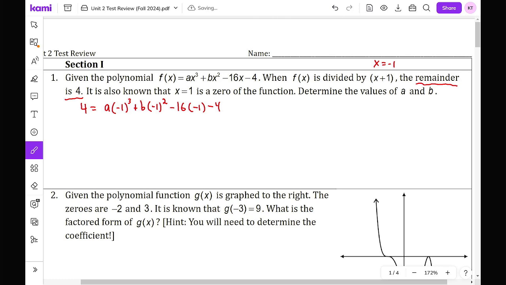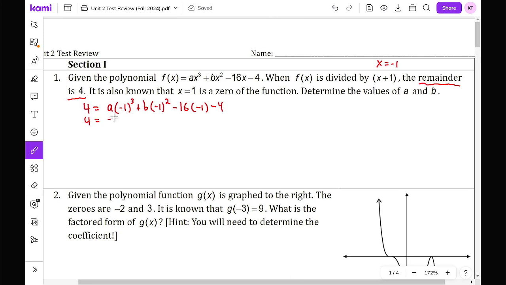So now I go ahead and I simplify this. So 4 is going to be equal to negative 1 cubed, which is still negative 1, or negative 1 times a. Then I'll have negative 1 squared, which will give me a positive 1 times b. So that's just going to be plus 1b. And then negative 16 times negative 1 will give me 16. And then minus 4 is still going to be the same.